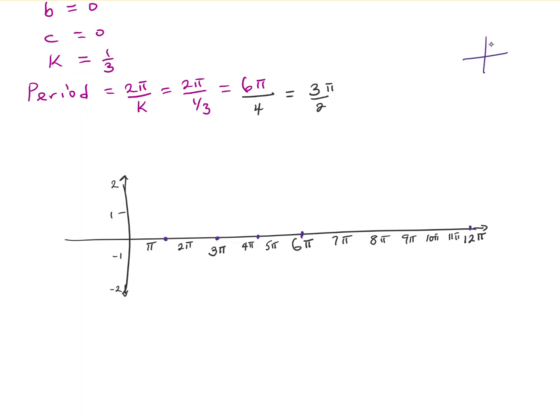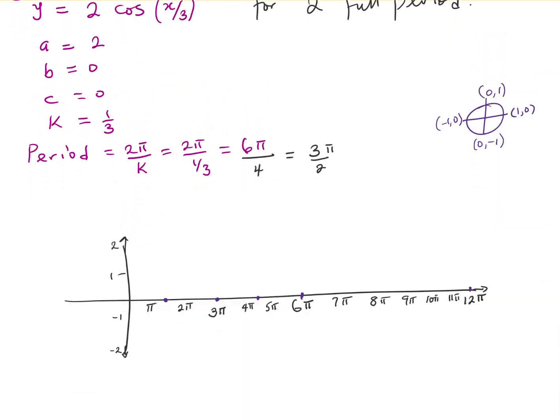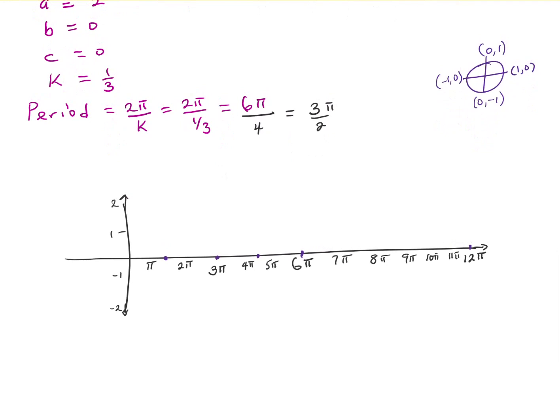Let us see how that works. Again, I'll go back to my unit circle. This is 1, 0, 0, 1, negative 1, 0, and this is 0, negative 1. The amplitude is 2, and because it is cosine, I will work with the x values. At this point 0, it is 2. Moving on, for x it is 0.